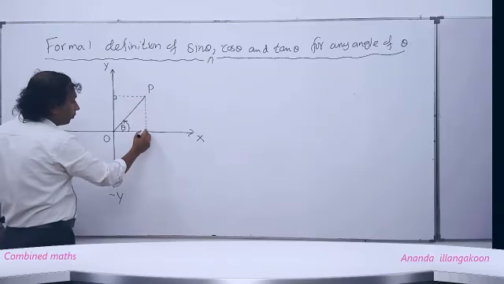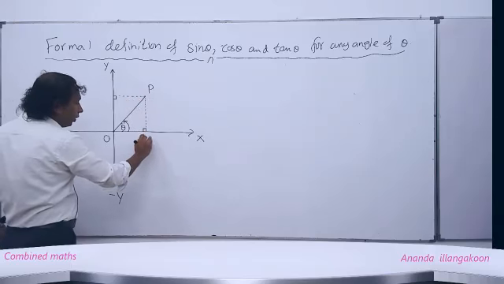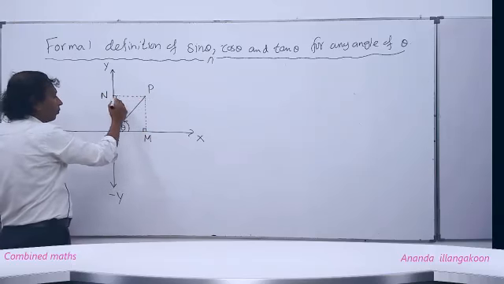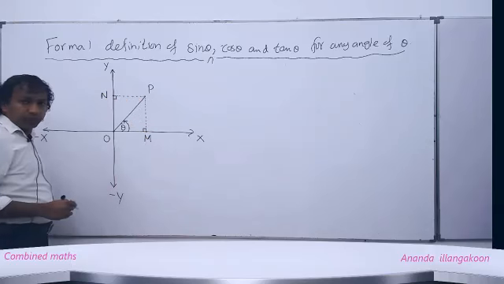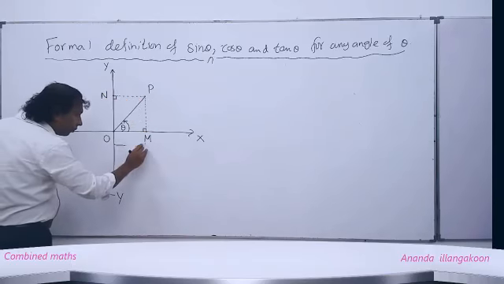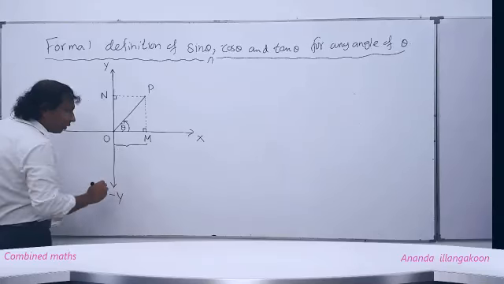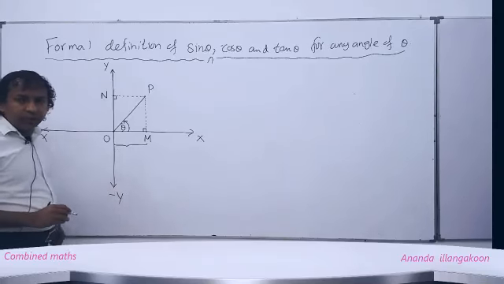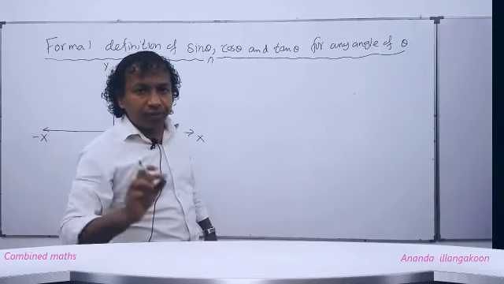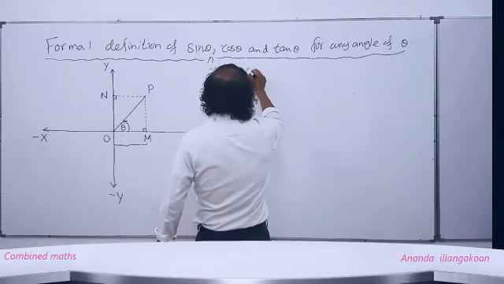Okay, let this point be M, this be N. OM is called the perpendicular projection of OP on the x-axis, right?